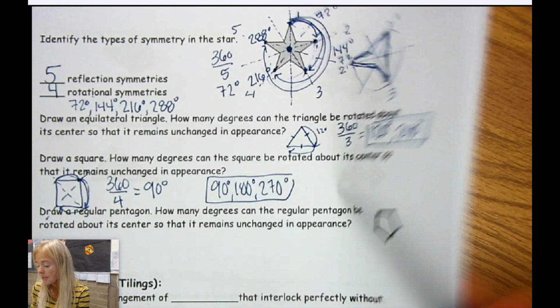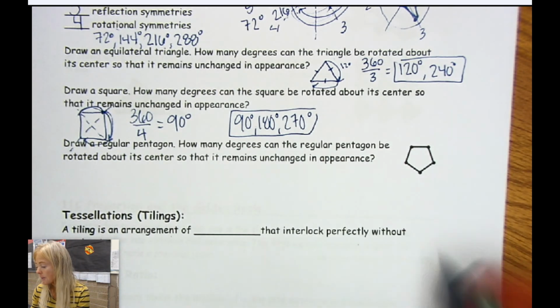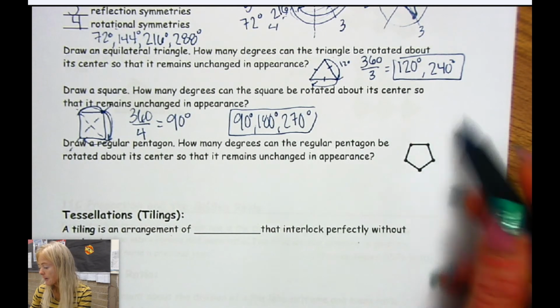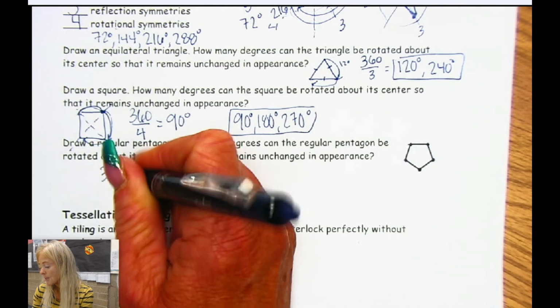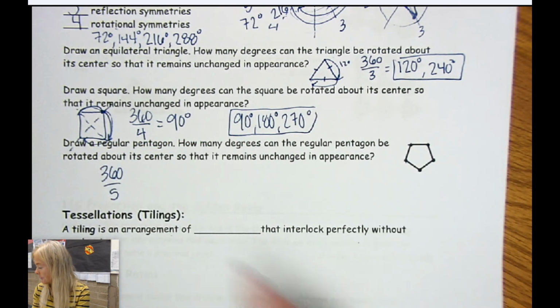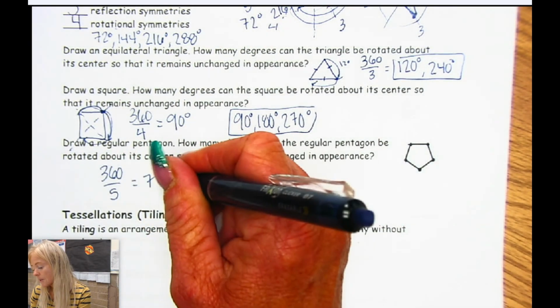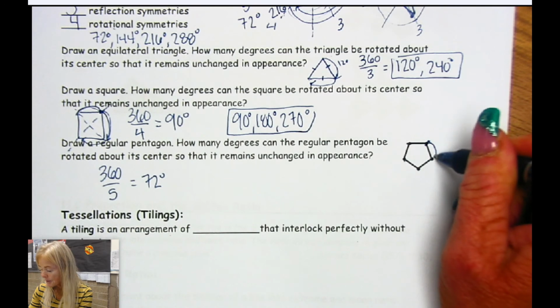The last question is a regular pentagon. How many degrees can the regular pentagon be rotated about its center so that it remains unchanged in appearance? This is already drawn. Again, it has five points, so that's what we would divide 360 by. 360 divided by 5 to get each individual rotation will be 72 degrees. So if we start here, we can pick any of the 5 points.